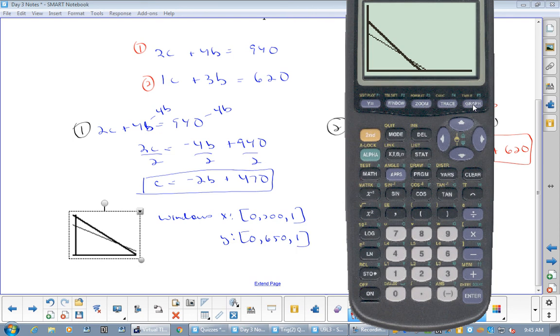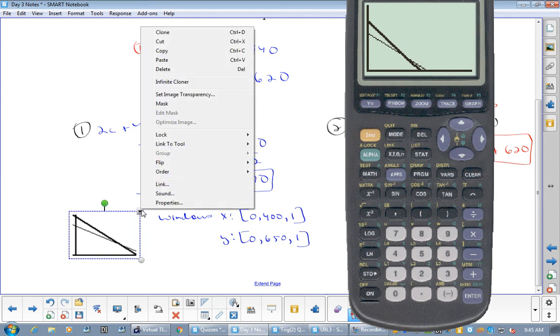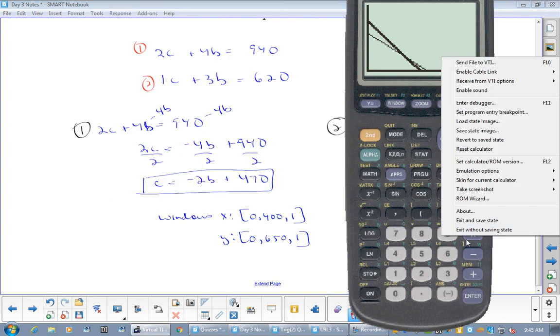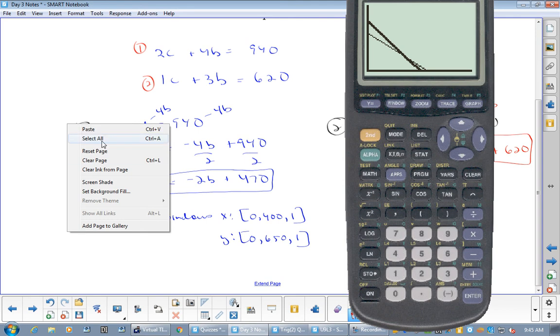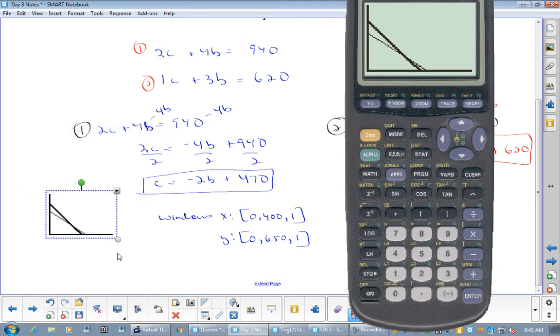But I would actually change this to like 400 to really see it well. And then I'm going to delete this and get a better picture. Okay, that's a better picture.